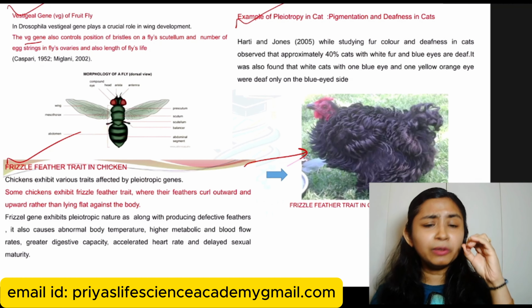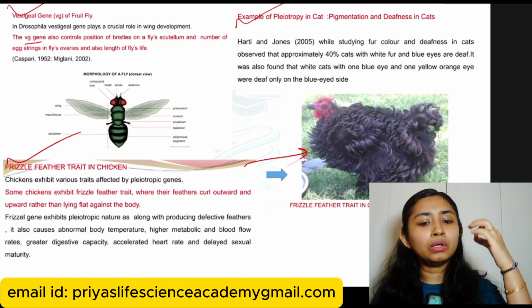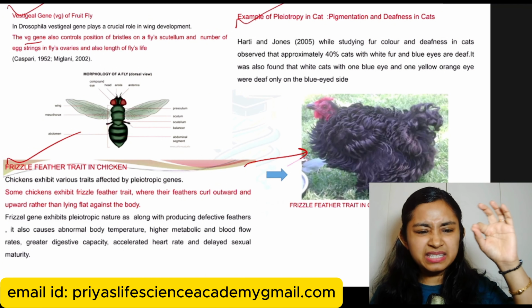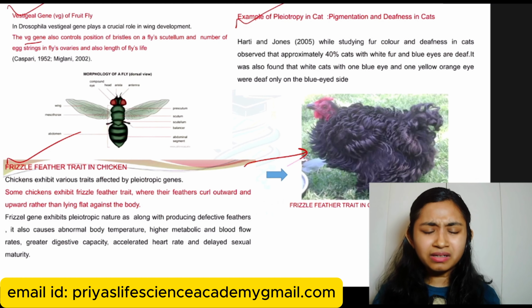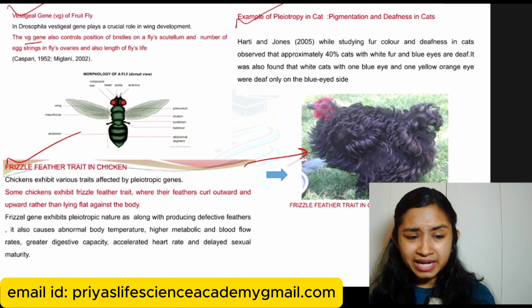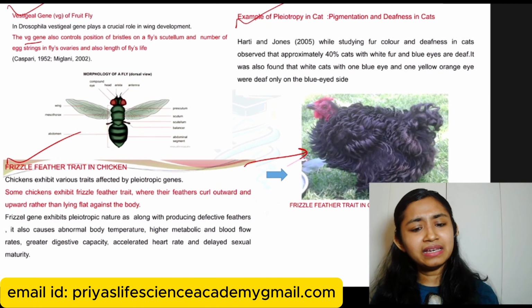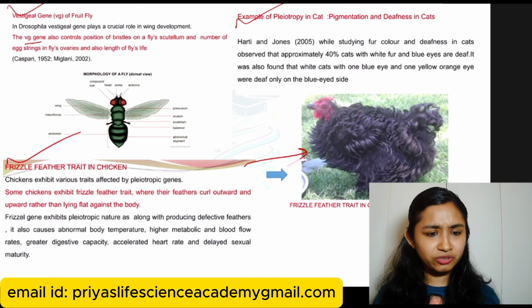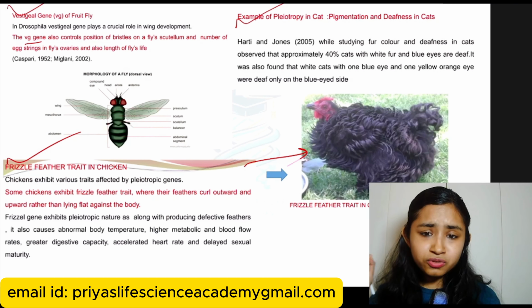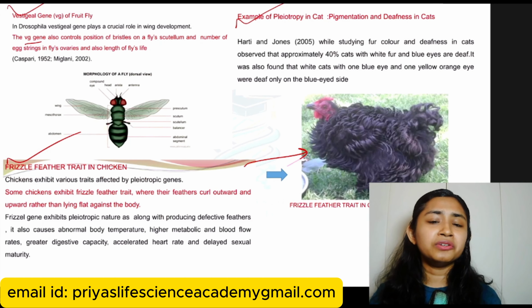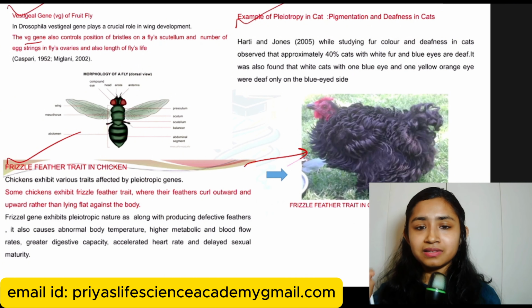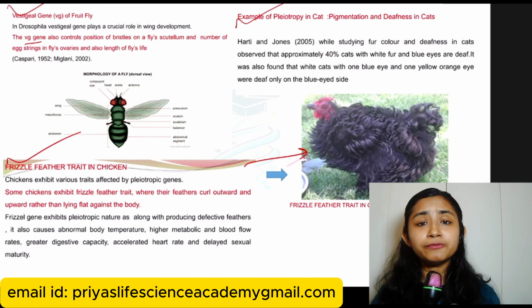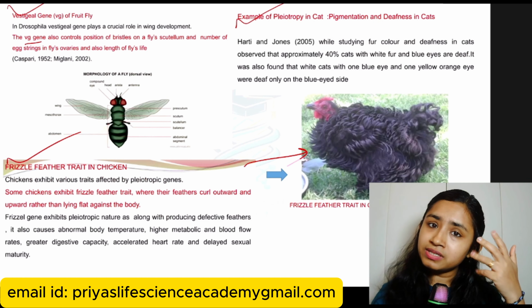The frizzled gene exhibits pleiotropic nature, as along with producing defective feathers, it also causes abnormal body temperature, higher metabolic and blood flow rates, greater digestive capacity, accelerated heart rate, and delayed sexual maturity. So along with producing defective feathers, it is also associated with a lot of other features in chicken. So this is pleiotropy. Very simple, a single gene that is responsible for more than one characteristic feature.